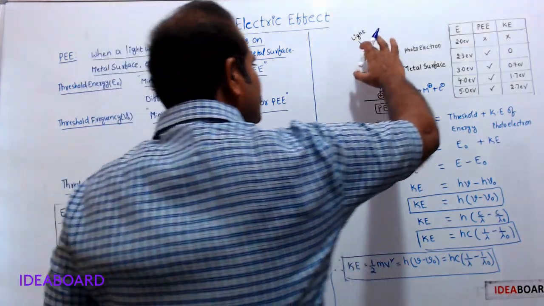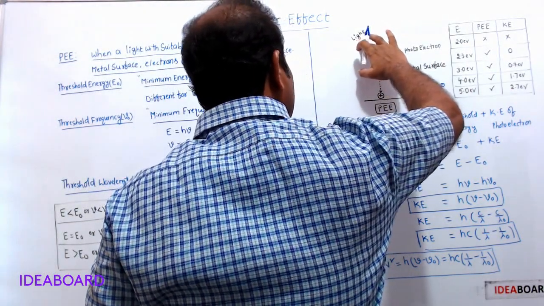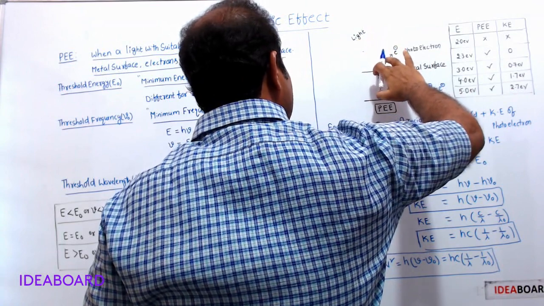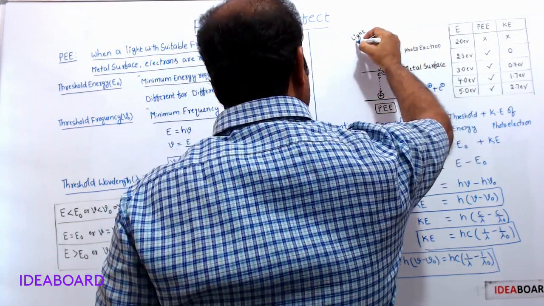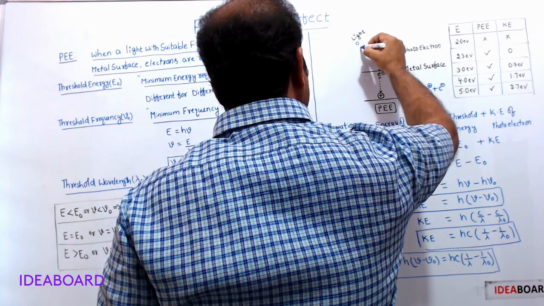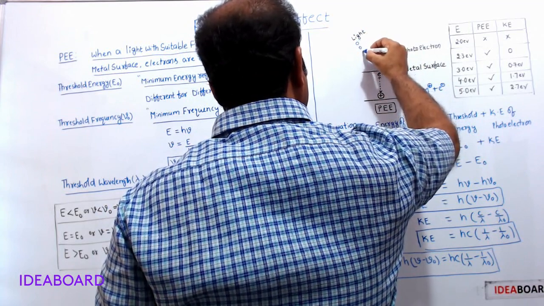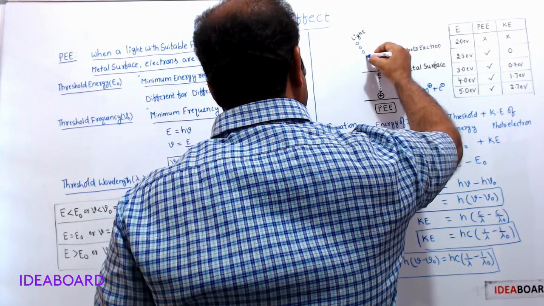That's why here we may assume light as a stream of energy packets. See here, this is an energy packet, this is another energy packet, like this.